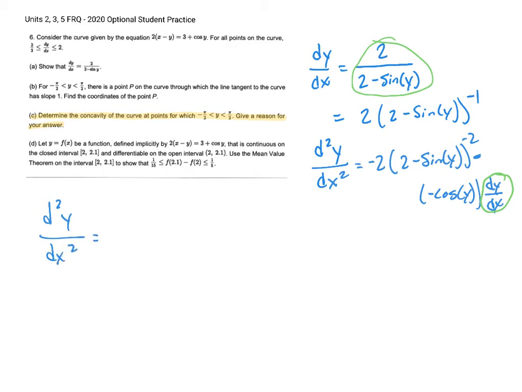Okay, so the 2 minus sine y to the negative 2, that's going to end up in the denominator of a fraction. I've got a negative 2 times a negative cosine y. That's the numerator, so that's 2 cosine y. I've got, what did I say this was, squared?